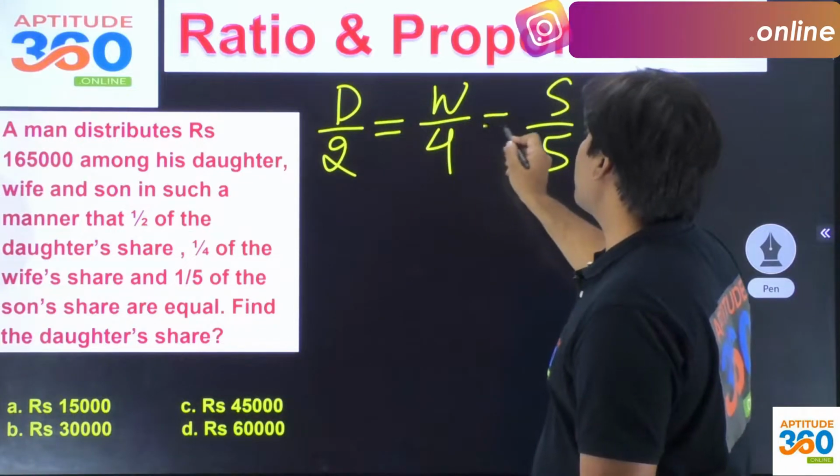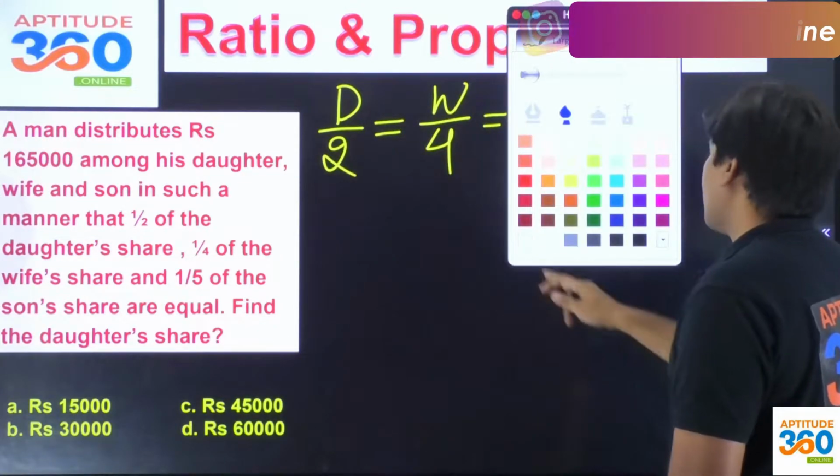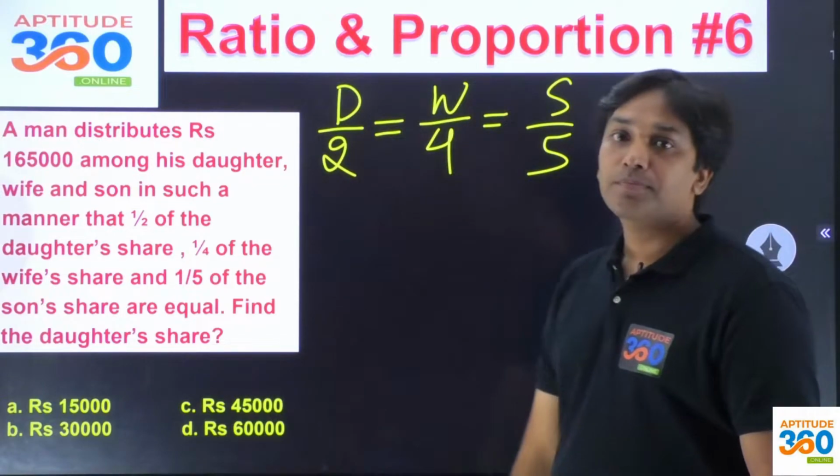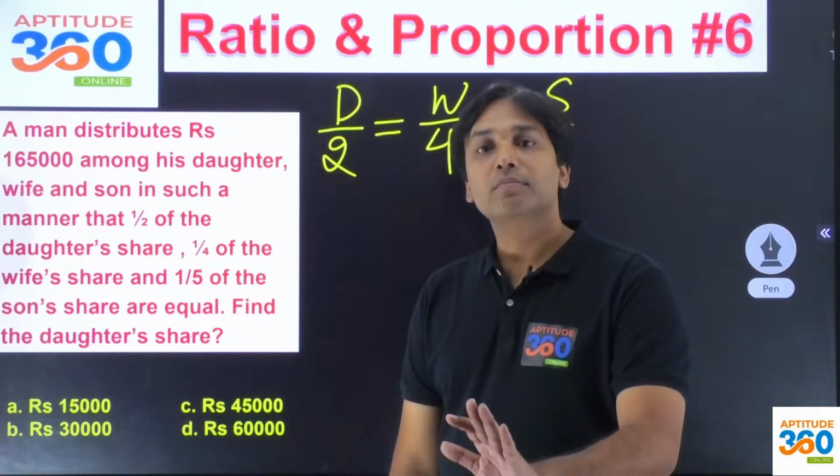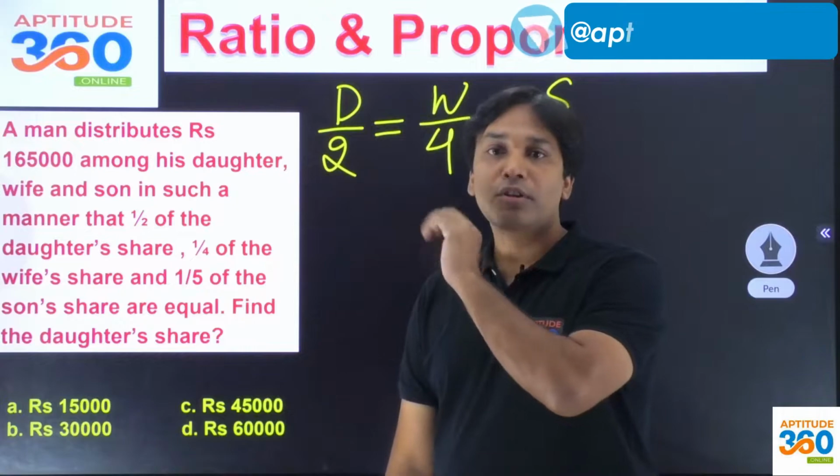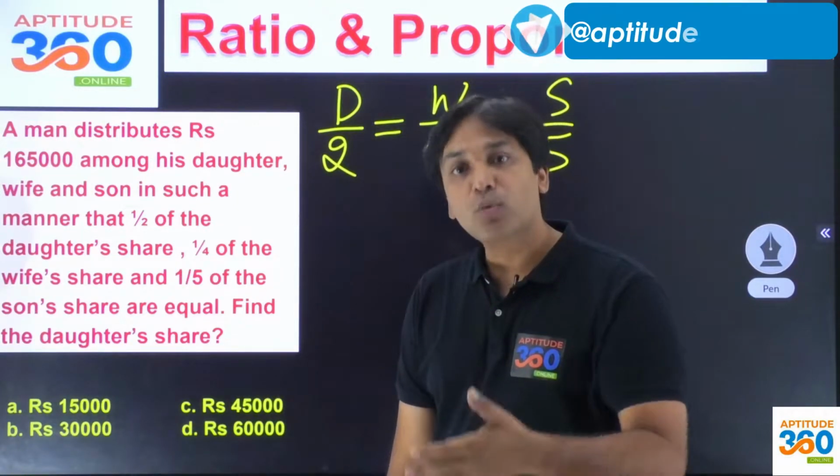That is what this problem is saying. Please ensure that you have understood this. You may pause the video. You try to solve this question on your own. Try to understand step by step what I am writing and why I am writing.